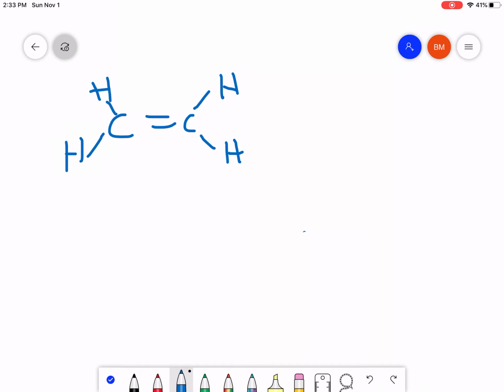And you see it's basically just two carbons double bonded to each other, and each one of the carbons has two H's attached to it, right? This is our baseline. What we can do when we say we make a substituted alkene, that means we have a carbon group in place of one of these H's, right?